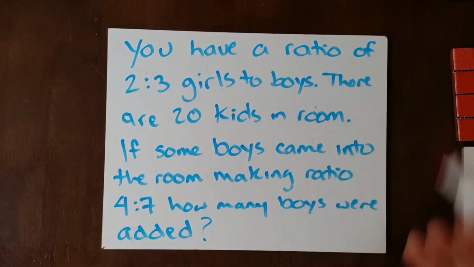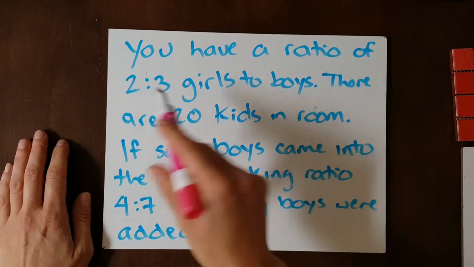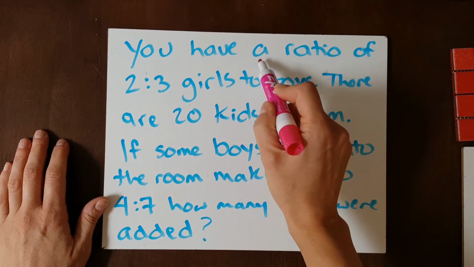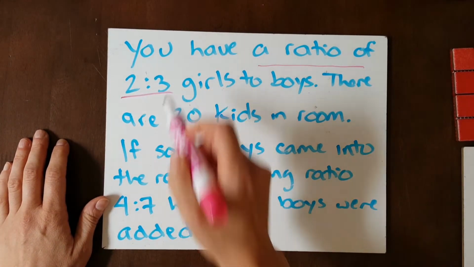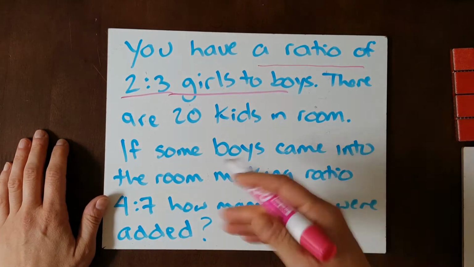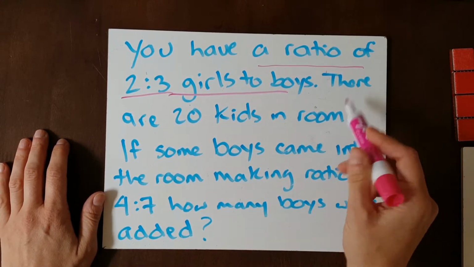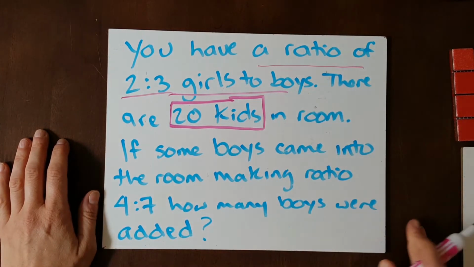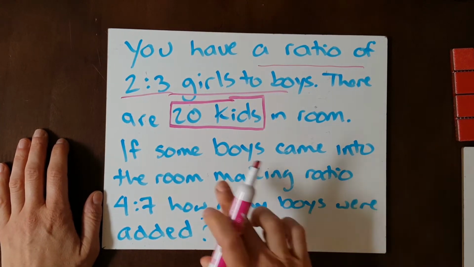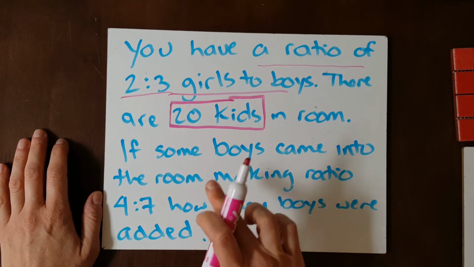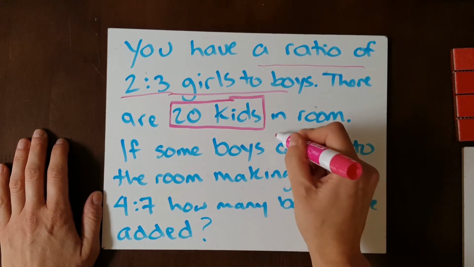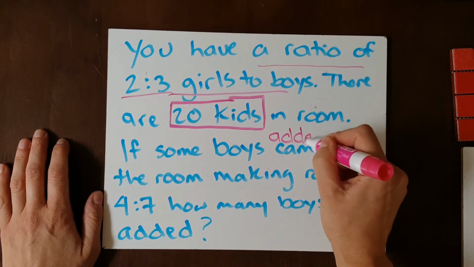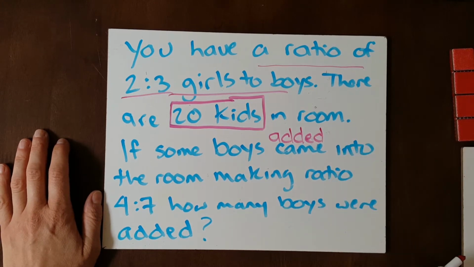First of all, what we need to do is gather our information. We know that our given is a ratio of 2 to 3 girls to boys. We also know that there are 20 total students in the room. Then some boys were added, so they came into the room, which means they're going to be added.